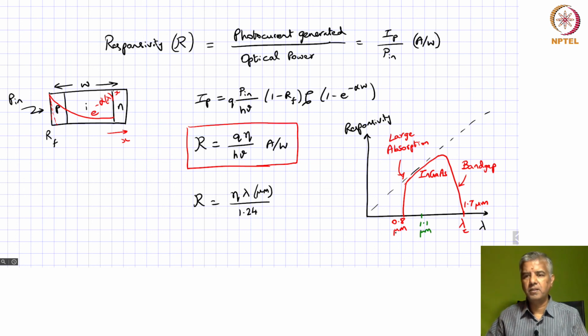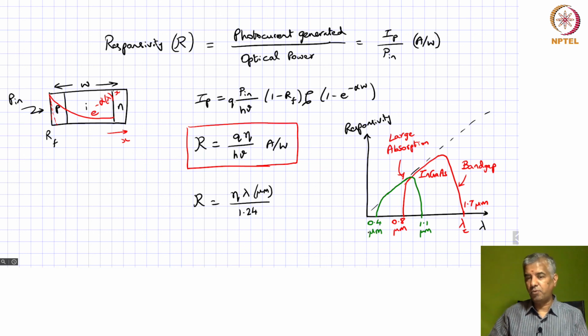The band gap energy corresponds to a cutoff wavelength of 1.1 micron. So if you had the same eta value, it will tend to be like this. So this is typically good until about 0.4 micron.